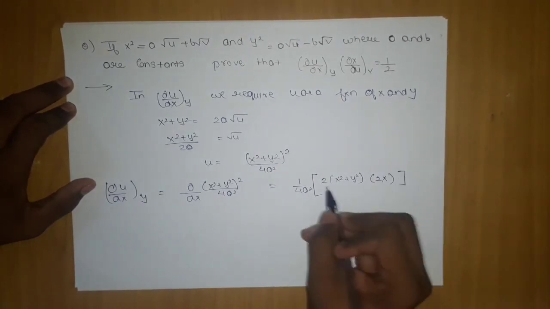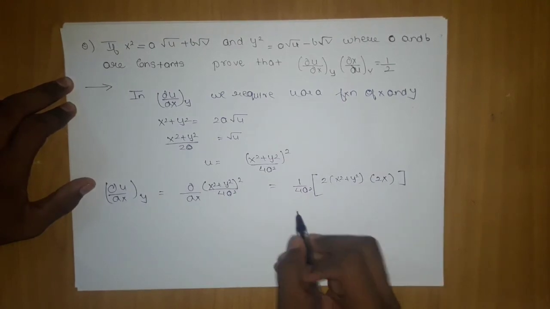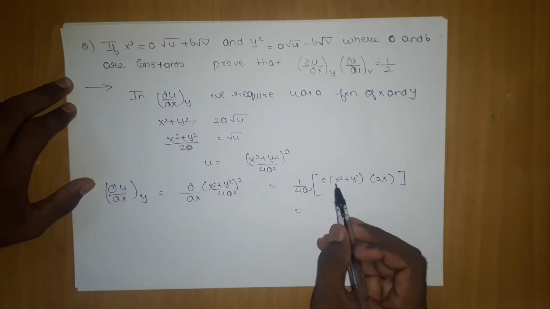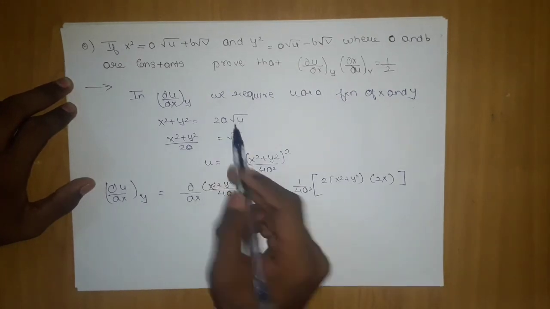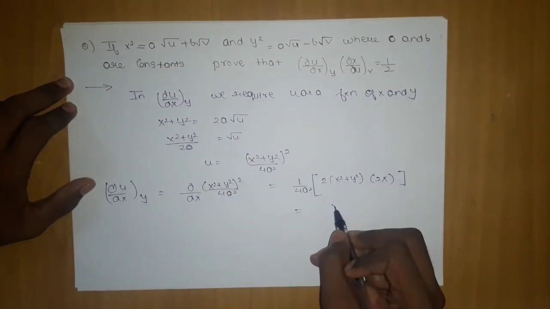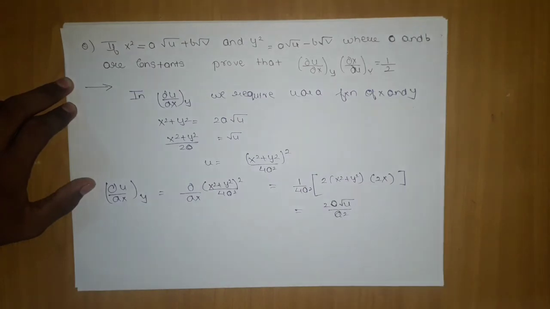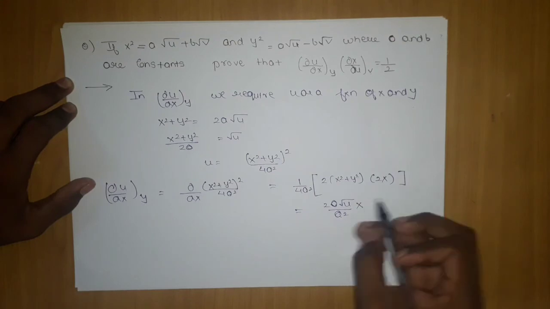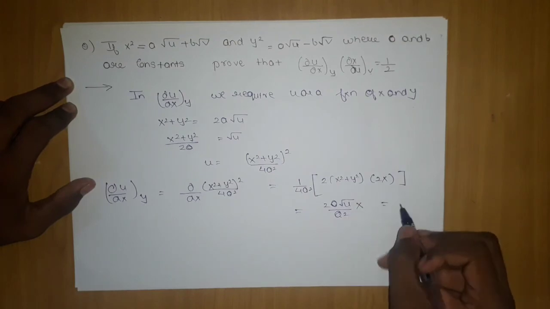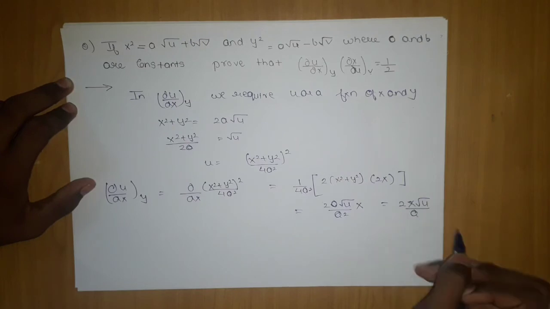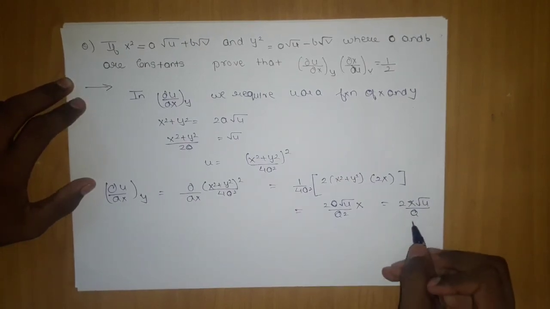If you observe, 4 will cancel out, and we will be left with something like u square plus v square. But that is nothing but 2a under root u. So I can call it 2a under root u by a square into x. a will get nullified, and I will be left with 2x under root u by a. I will call it sum 1.